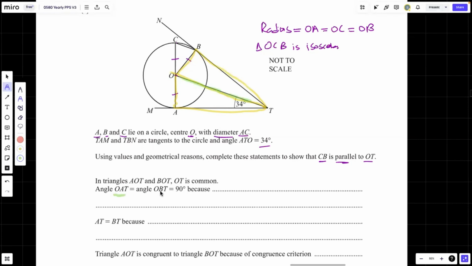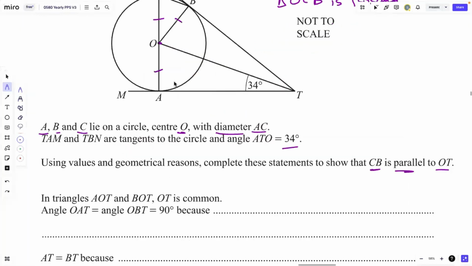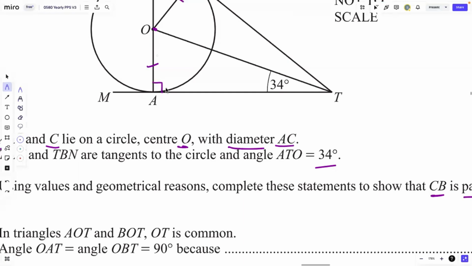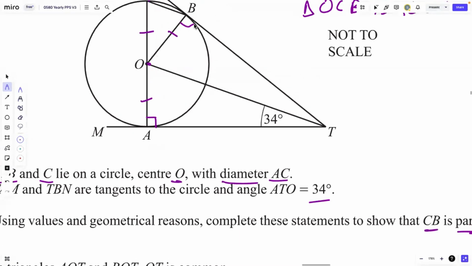Now he's saying angles OAT and OBT are 90 degrees. So this angle and this angle are 90 degrees. And we need to give a valid reasoning as to why these are 90 degrees. So this is straightforward. We have a 90 degrees here and we have a 90 degrees here.